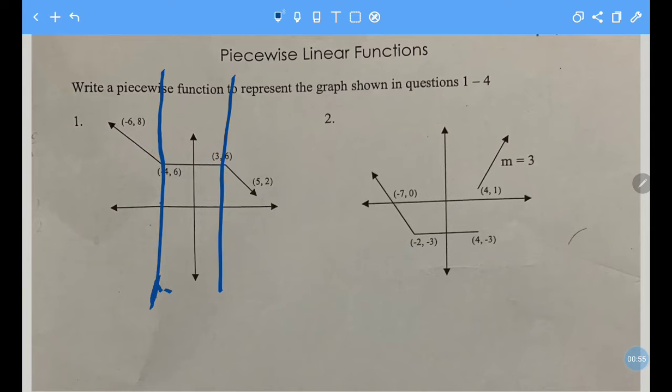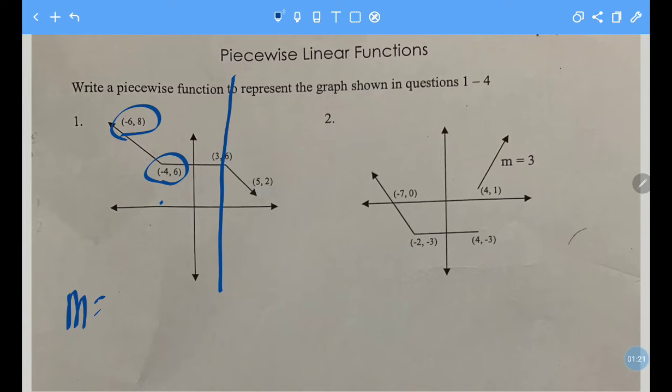Hopefully, if you're doing piecewise functions, you know how to write the equation of a line. The first line we're going to talk about is this one right here. You've got 2 points, (-6, 8) and (-4, 6). First things first, you're going to find the slope.